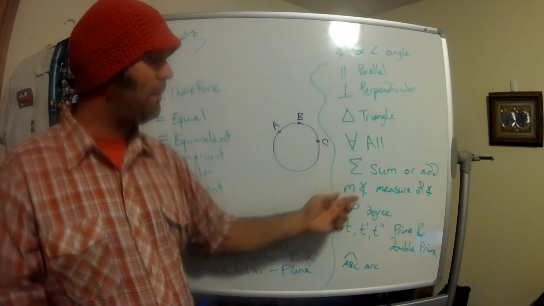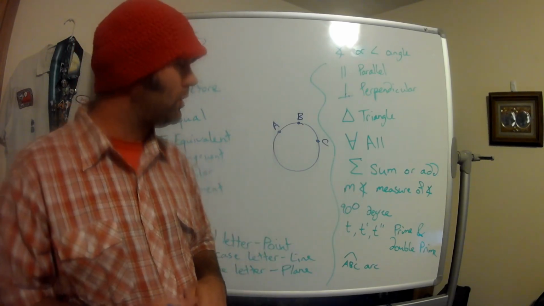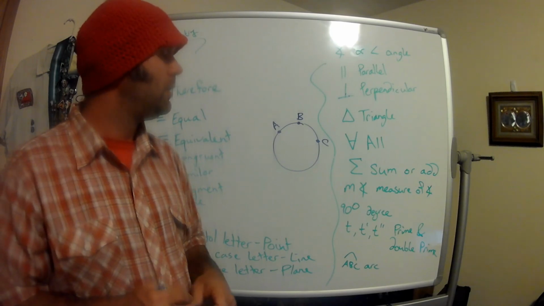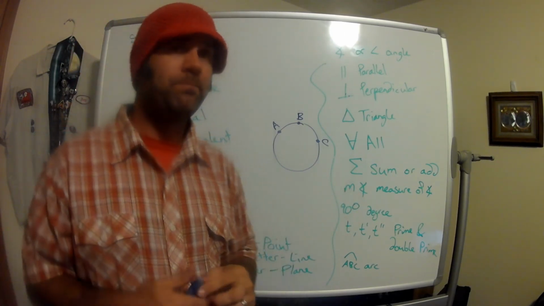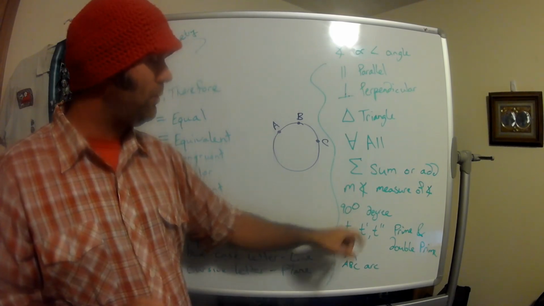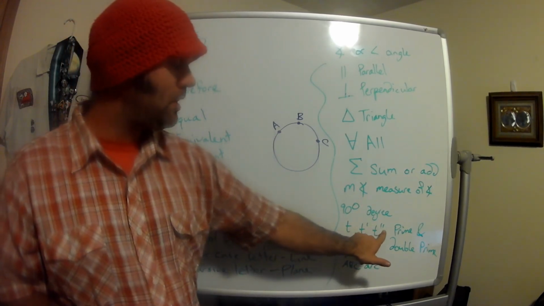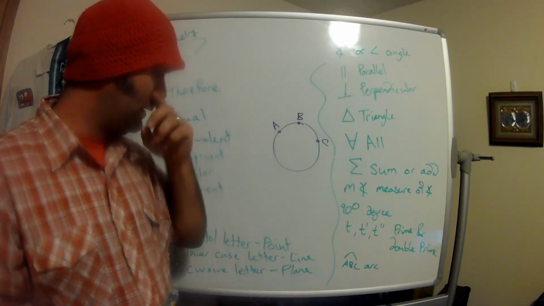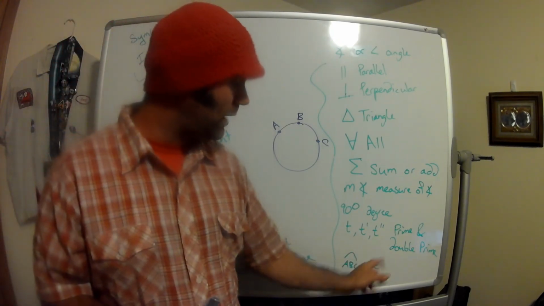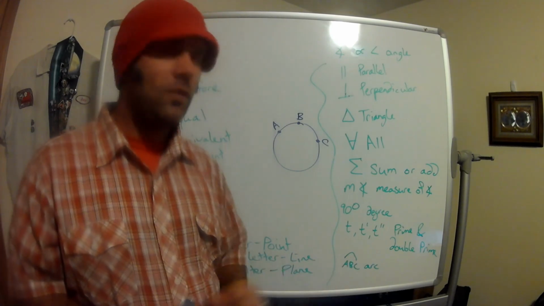And you could use m of a segment as well, so you could have the measure of a segment. So this m can be used for measuring anything. Degree symbol, prime, double prime, there's of course triple prime, quadruple prime, and so on, depending on how many steps you have to go. And then we've got the arc.